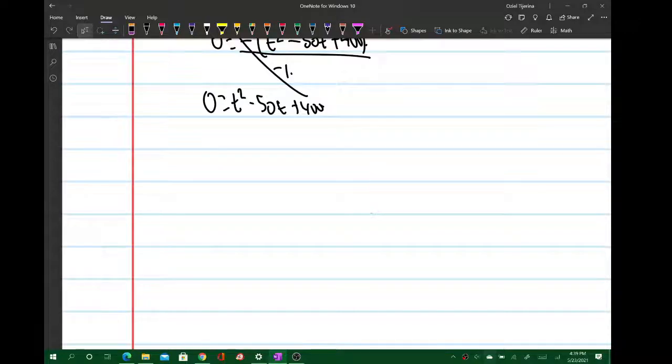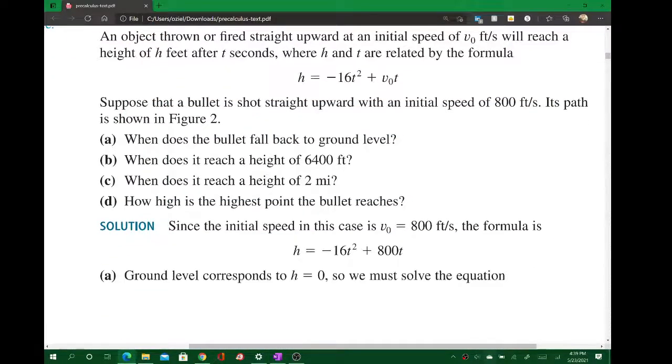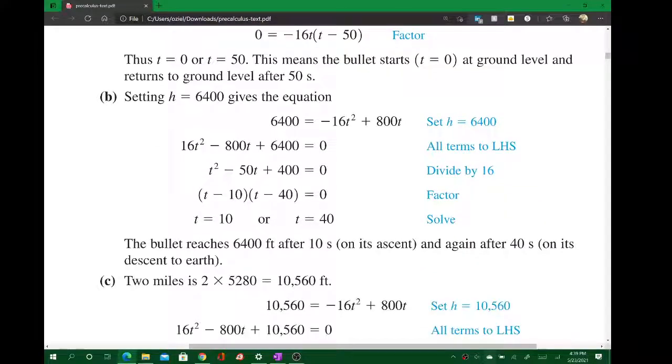Okay, so for this one, if you want to save time, I would just use the quadratic formula: negative of negative 50 plus or minus the square root of negative 50 quantity squared minus 4 times 1 times 400, all over 2 times 1. You can use factoring if you can. You can try to do that.